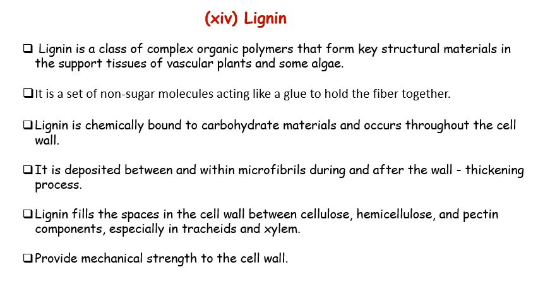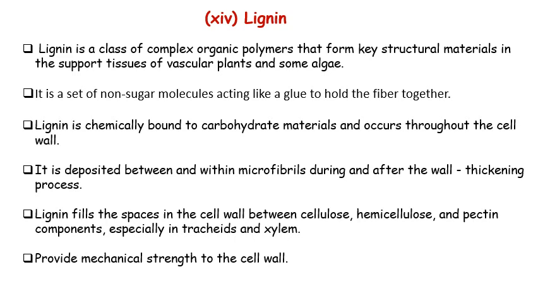It is deposited between and within microfibrils during and after the cell wall thickening process. When there is a cell wall thickening process, it deposits even between the microfibrils and within the microfibrils to make it more hard. The lignin fills the spaces in the cell wall between cellulose, hemicellulose, and pectin components, especially in the tracheids and vessels.